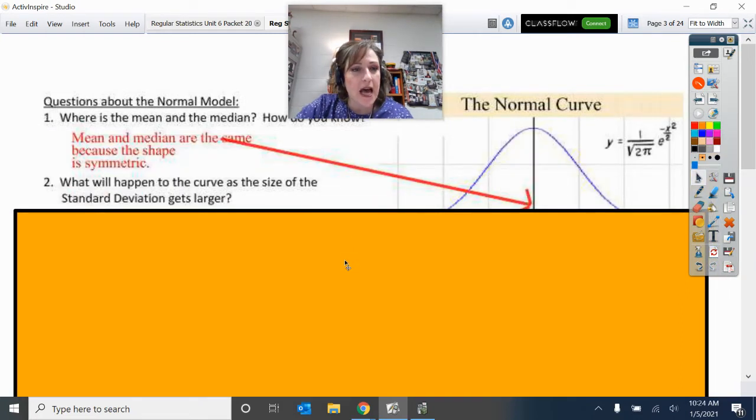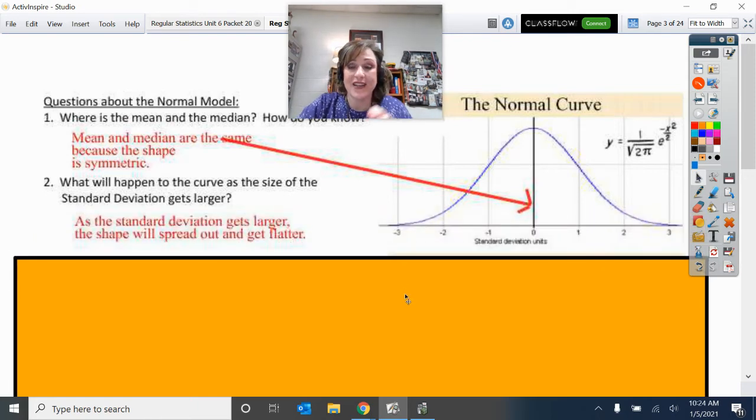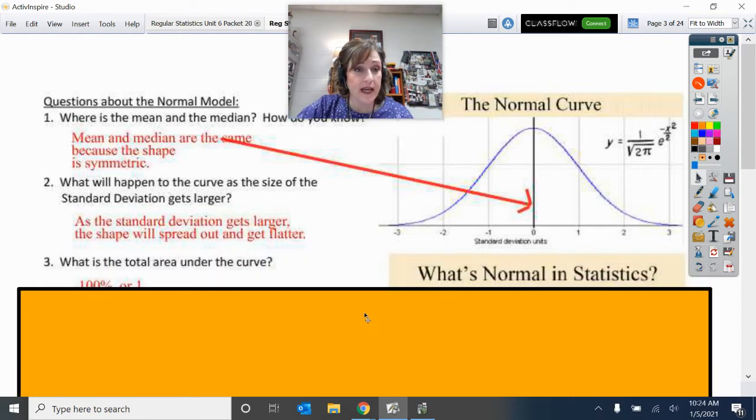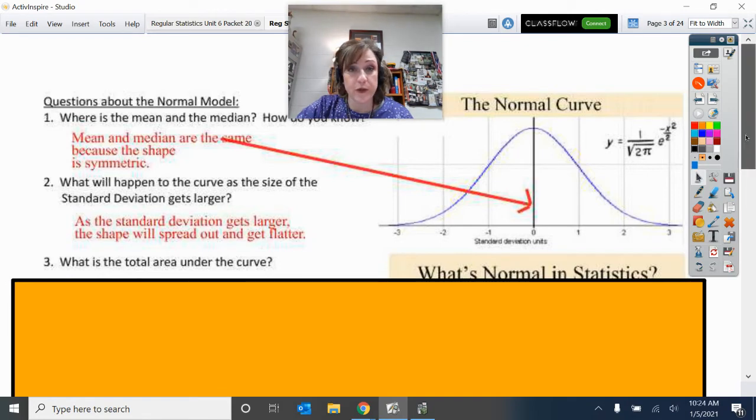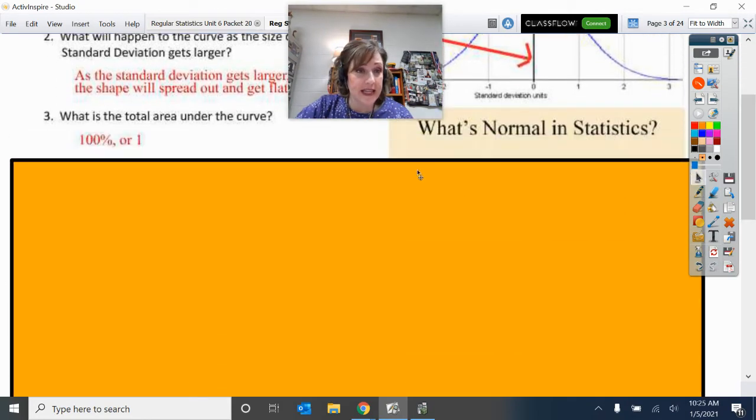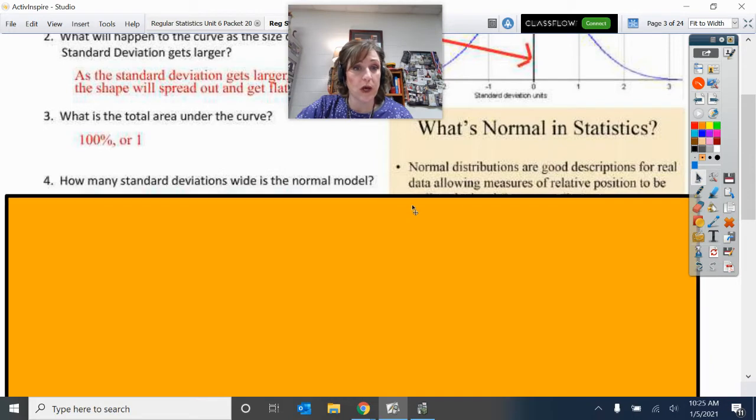All right, what do you think is going to happen to this curve as that standard deviation gets bigger? Remember, a standard deviation is the average distance from the mean. So it's going to spread out, become more varied, get flatter. How about the total area under the curve, which we already talked about? That is 100% or 1.